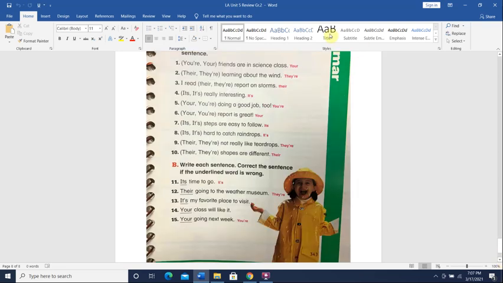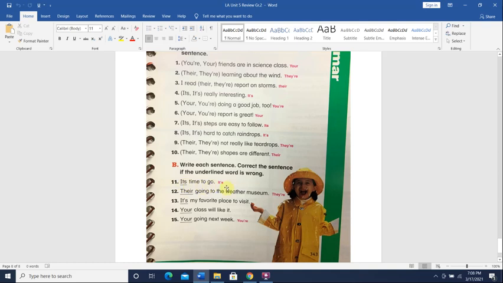Okay? Now also he wants you to correct the mistakes for the underlined word. Its time to go. This is possessive. Do we want the possessive pronoun or the contraction? No, we want the contraction. So if we write it, we will say it is time to go or it's time to go here.